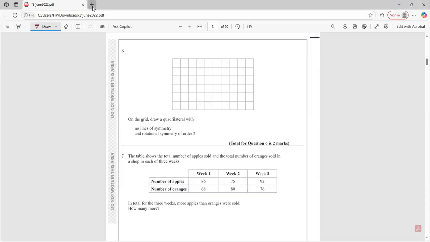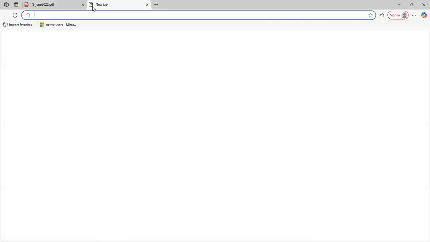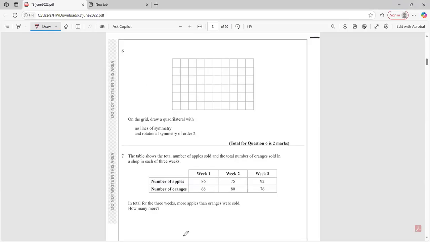Just give me a minute. I'm trying to establish. I think the only thing that is a bit confusing in that question is that rotational symmetry.